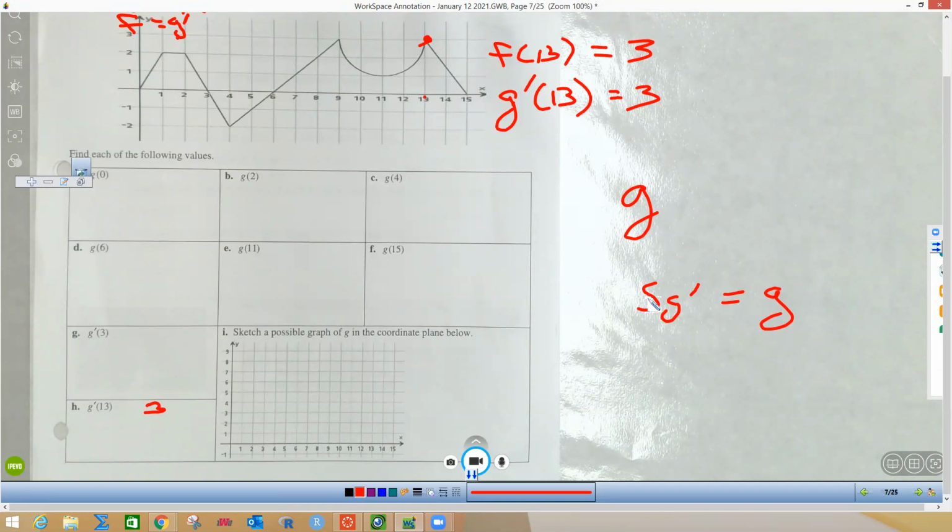That's an antiderivative and a derivative. They cancel each other, just like adding and subtracting cancel. So when I do the integral of this function up here, that's giving me G. So when I do integral, that means I need the areas under the curve.